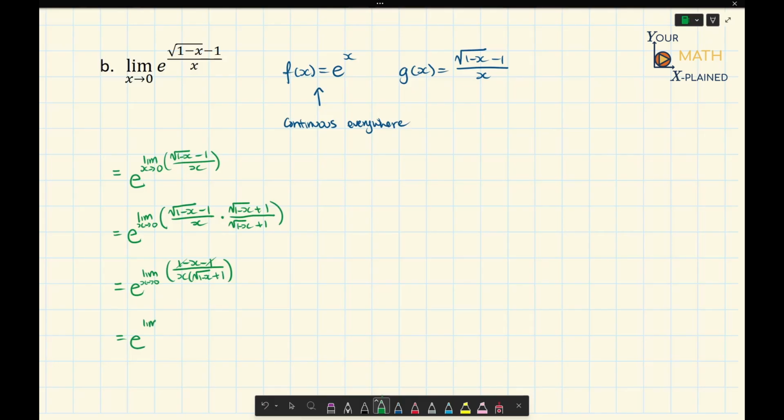So then we get e to the power of the limit as x approaches 0 of negative 1 over the square root of 1 minus x plus 1. Substituting 0 in, and we get a final answer of e to the power of negative 1 over 2.